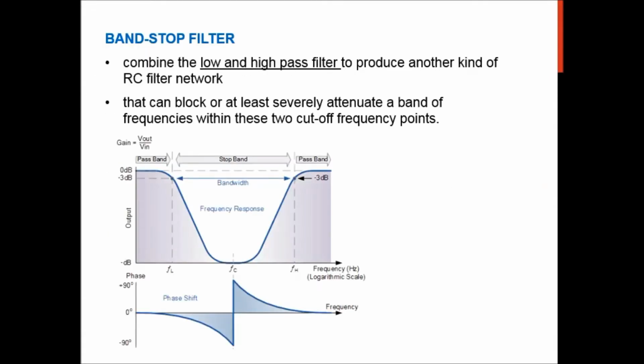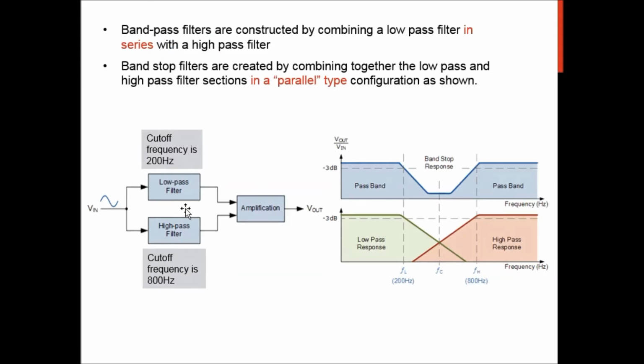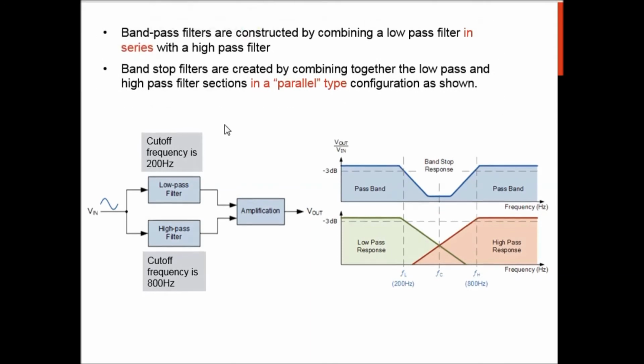So if you have band pass, surely you will have band stop. You are going to block a band of frequency. This time, you still combine low and high pass filters, but you are going to combine them in parallel. You can see here the band pass just now is connected in series, right? But for the band stop, it will be in a parallel configuration as shown here.